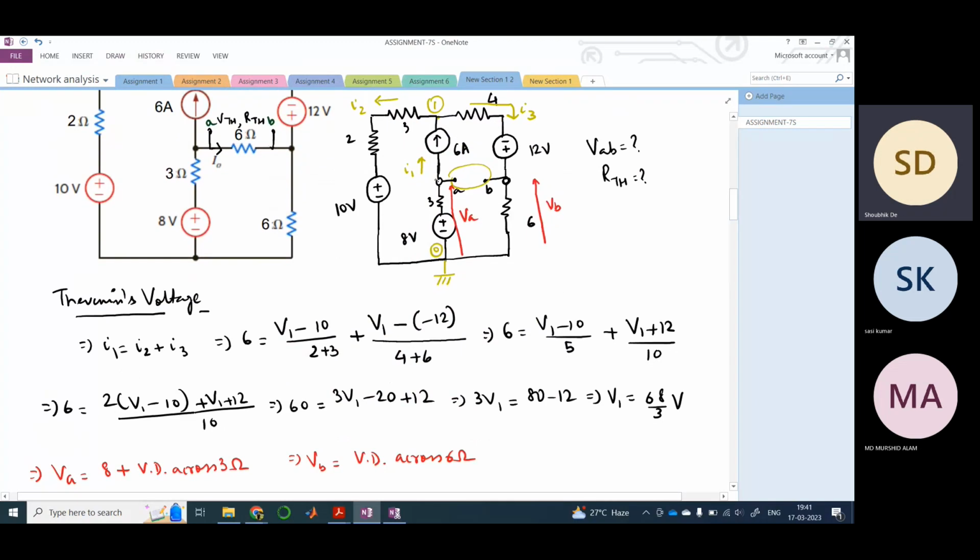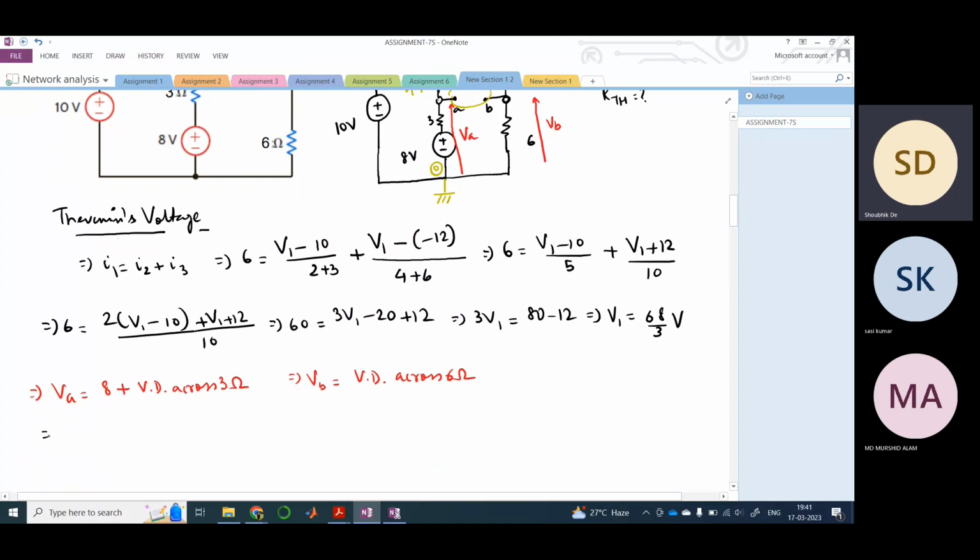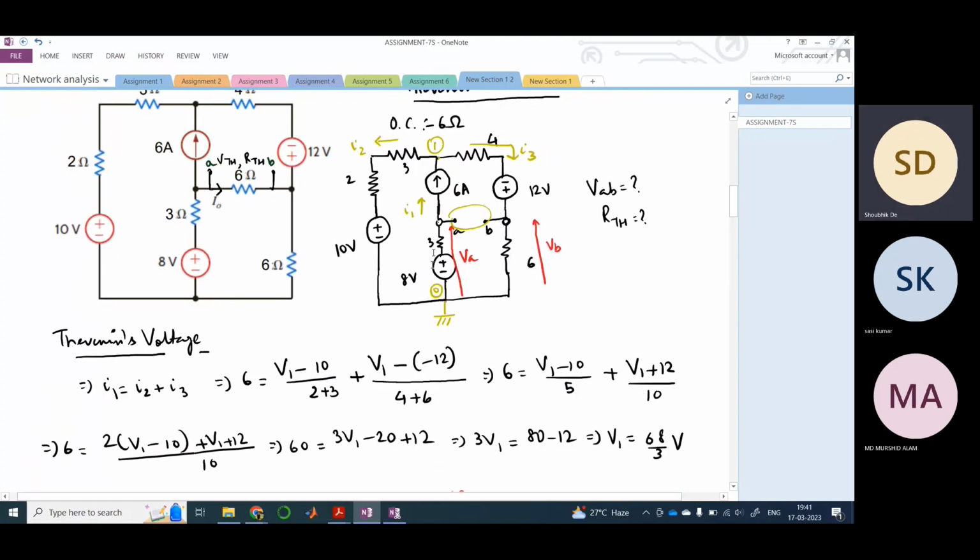See, through this node here, I1 is only flowing, right? So therefore, what would be VA? VA would be 8 plus 3 into I1. Since I1 is flowing from bottom, from 0 to 1, and the current is entering, I1 is flowing like this, right?